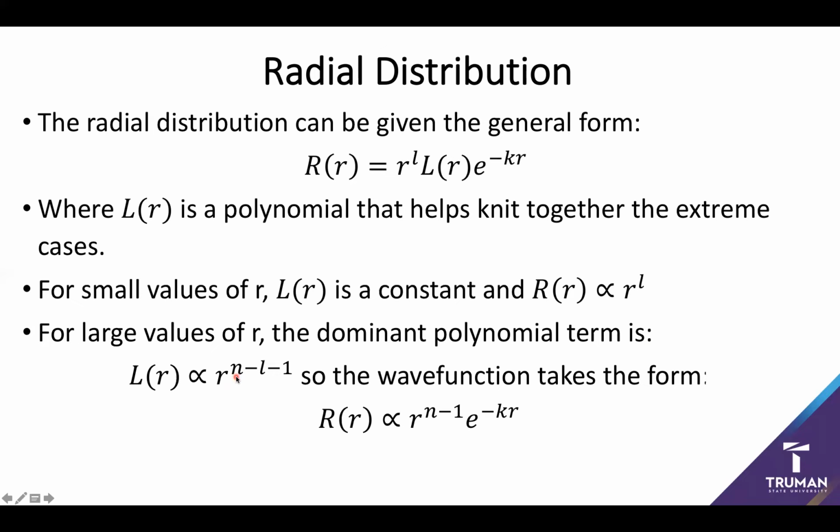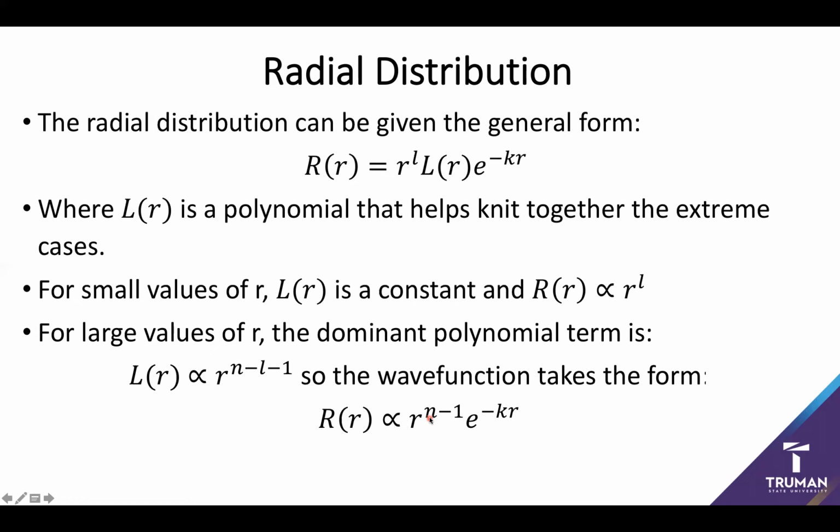It's more or less going to be our principal quantum number, just like it was for particle in a box, minus the angular momentum minus 1. However, because our first term is r to the L, that's going to cancel out this minus L component.